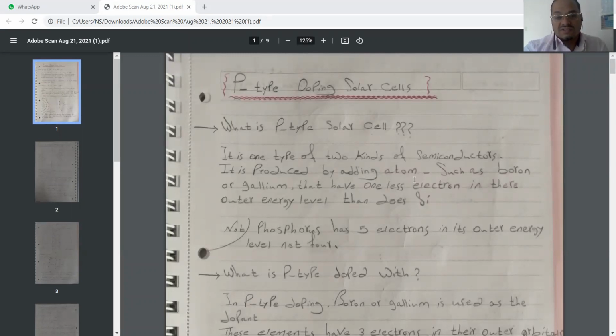And I will explain at the next slide why we selected boron or gallium, and not another element like phosphor. These have one less electron in their outer energy level than silicon does. Outer energy level means the last shell, the last orbit.